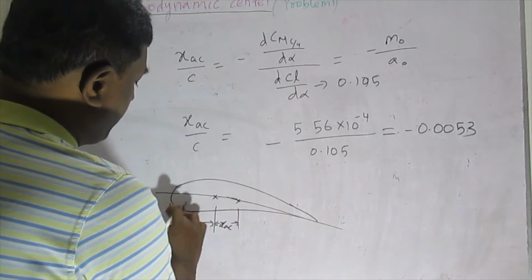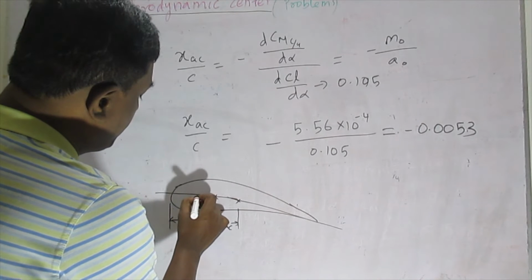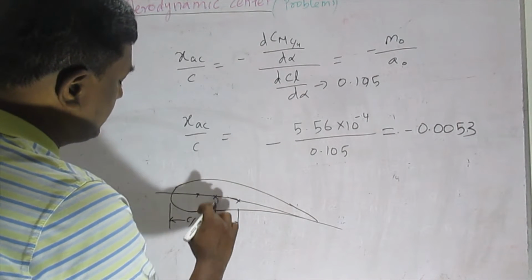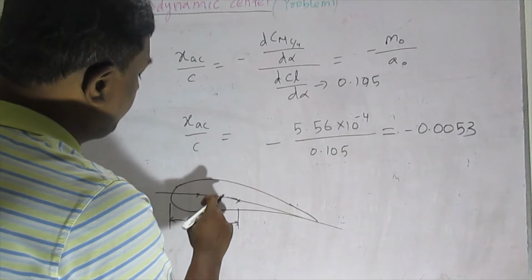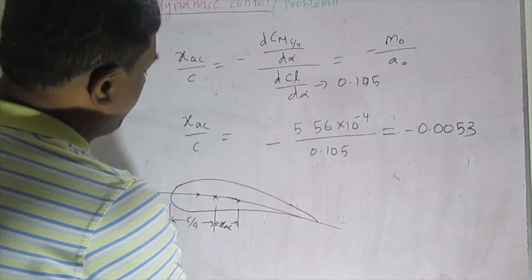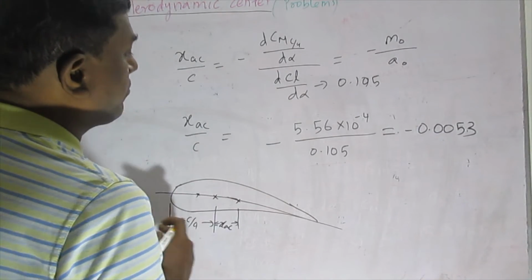Since it is negative, this value will be somewhere here. That means this aerodynamic center is ahead of the quarter chord point, or we can say forward of the quarter chord point.